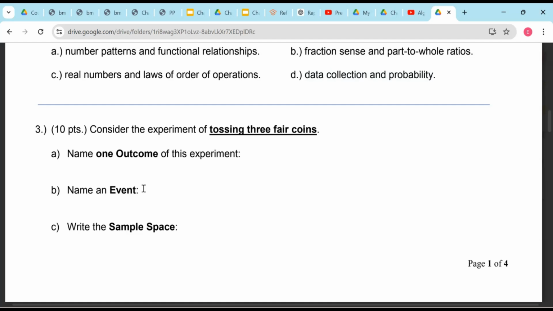So an event for some of those was that if you got matching, when you were tossing 2 coins, player 1 got a point if the 2 coins were matching. That means if they got heads, heads, or tails, tails. That is a specific event, if the coins are matching. And then you can put as an outcome heads, tails, for example. But here it is 3 coins.